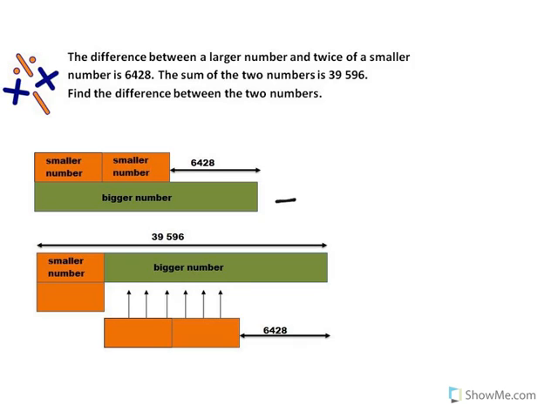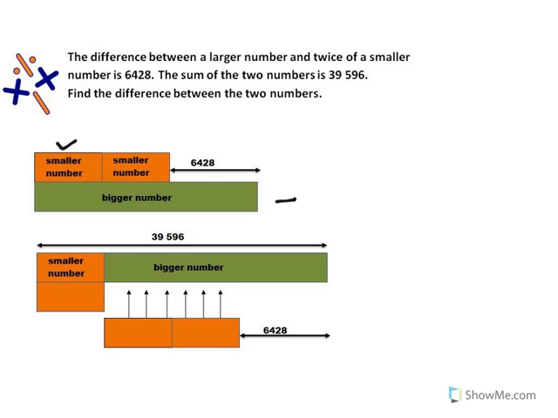We have shown the larger number by a green rectangle and the smaller number by an orange rectangle. And the question says the difference between the larger number and twice the smaller number is 6,428.